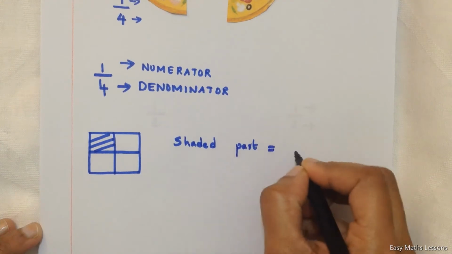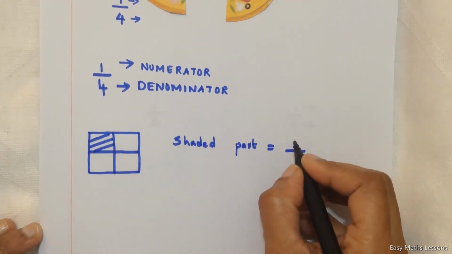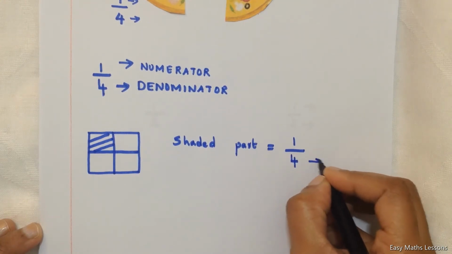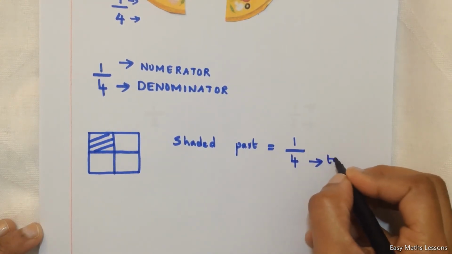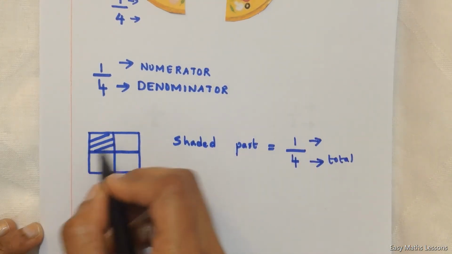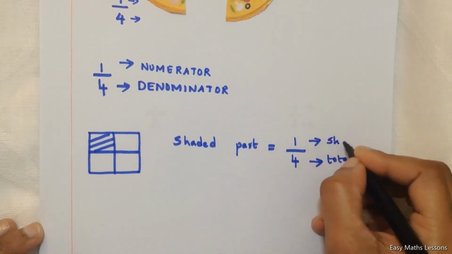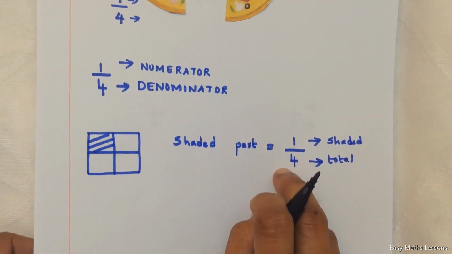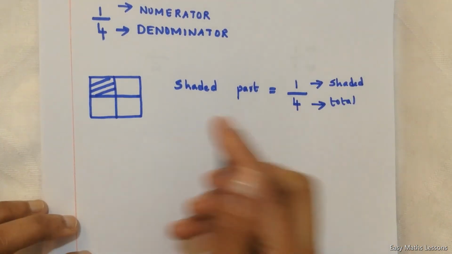So, the shaded part can be represented as 1 by 4 because there are total 4 parts and out of the 4 parts, one part is shaded. So the numerator is 1 and the denominator is 4.